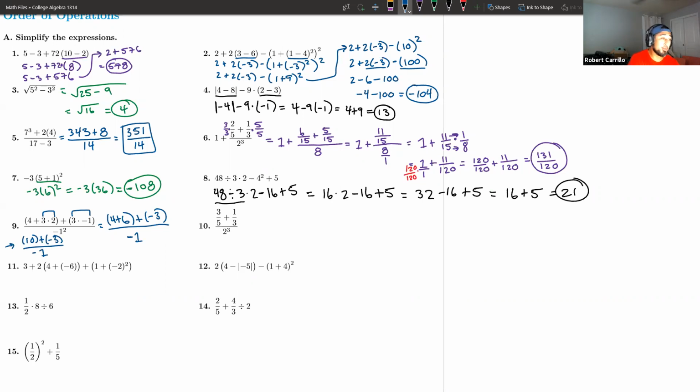And then in the numerator, you're going to do 10 plus negative 3, which also can be written as 10 minus 3 over negative 1. And you'll end up with 7 over negative 1, but 7 divided by negative 1 becomes negative 7. There you go.